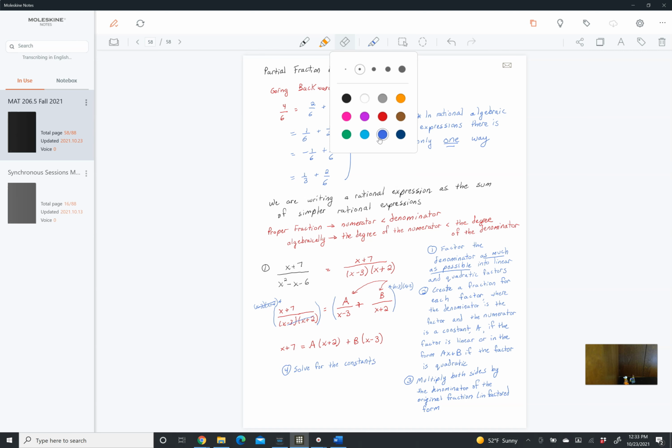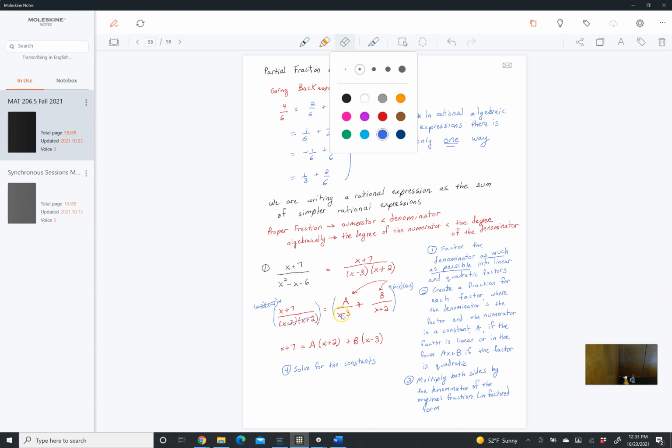So just as a review up until this point, first thing that we did is we factored the denominator. Then we set up a fraction for each factor. So we have one fraction that has x minus 3 in the denominator and one that has x plus 2. This is linear, so the numerator is just a. This is linear, so the numerator is just b.